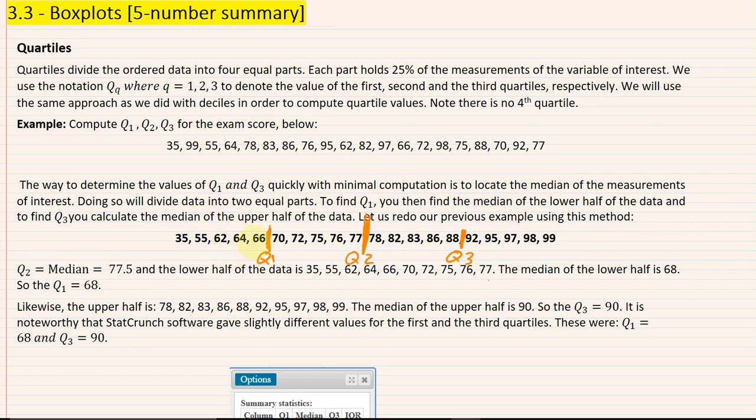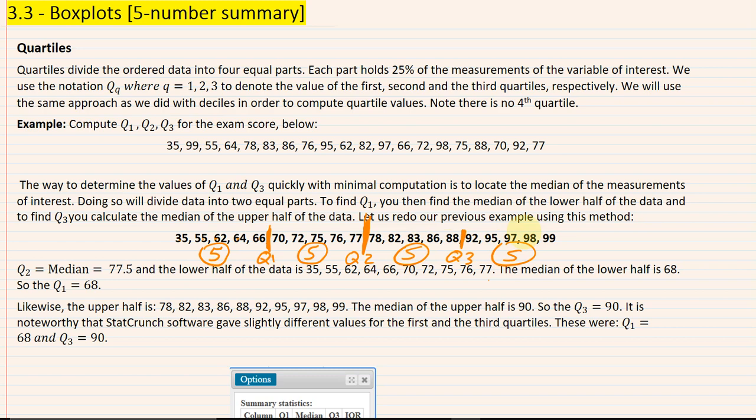So in the lower half, I have 1, 2, 3, 4, 5. There are 5 scores here, in the first segment below Q1. Between Q1 and Q2, I have 1, 2, 3, 4, 5 scores here. Between Q2 and Q3, I got 5 more, and I have 5 in the end. So this is what quartiles are supposed to do. They divide data into 4 equal parts.